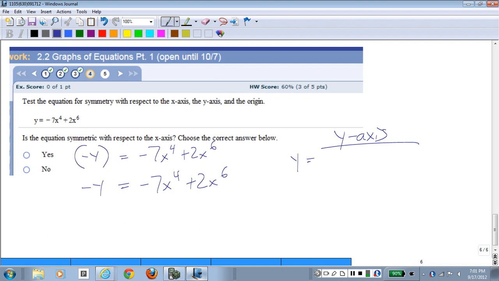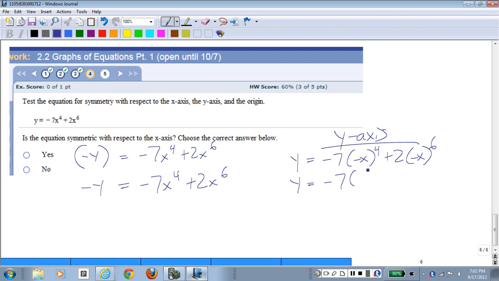Y equals negative 7 times negative x raised to the 4th plus 2 times negative x raised to the 6th. And what happens when we take negative x and raise it to the 4th power? Well, the negative becomes positive.